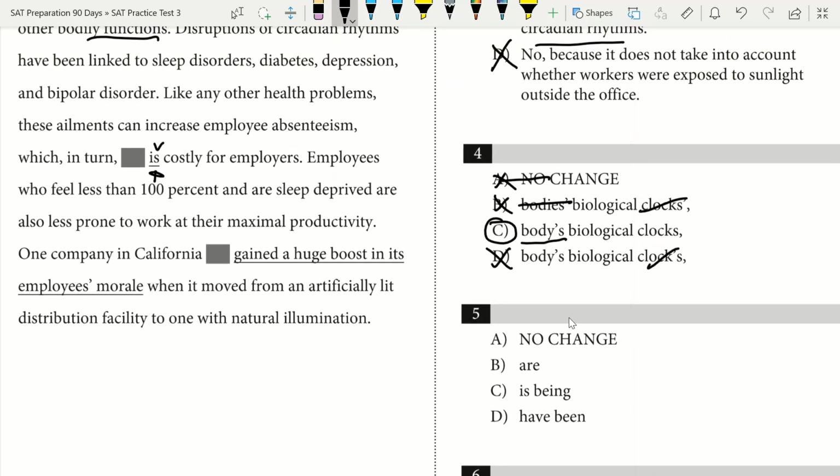What is our subject? Well, if we read, "like any other health problems, these ailments can increase employee absenteeism, which is costly for employers," right? This is singular and is singular. So we're maintaining our number agreement between our subject and our verb. So our answer there is going to be answer choice A, is, because we have to maintain that singular verb tense with our singular subject, employee absenteeism.